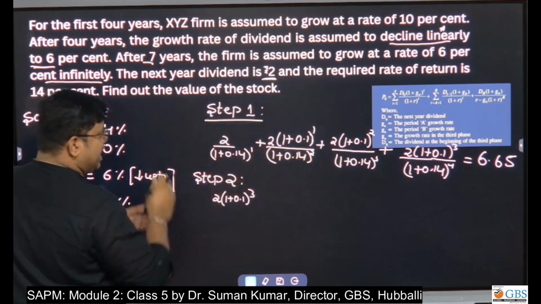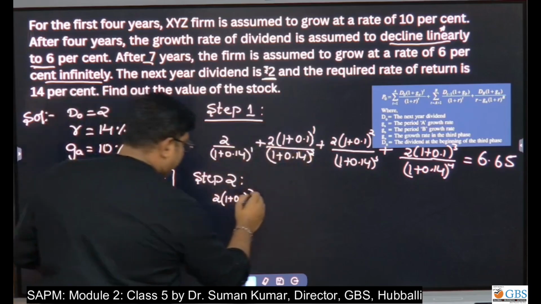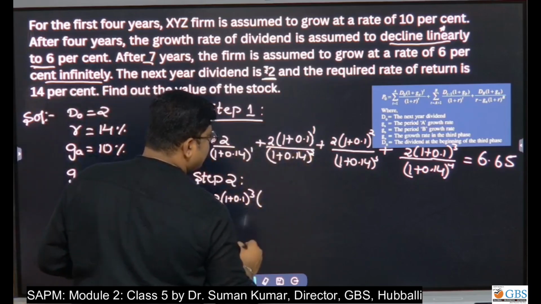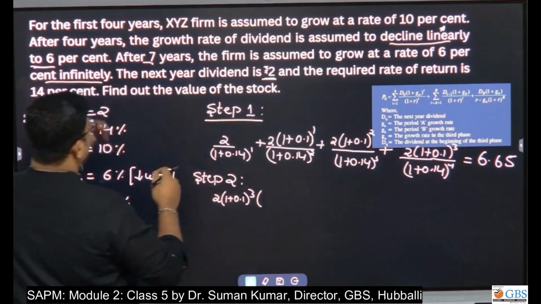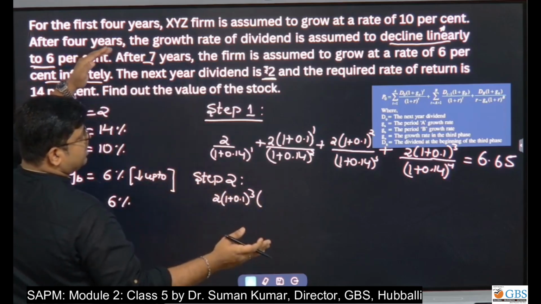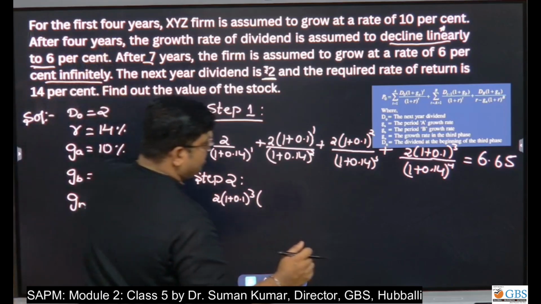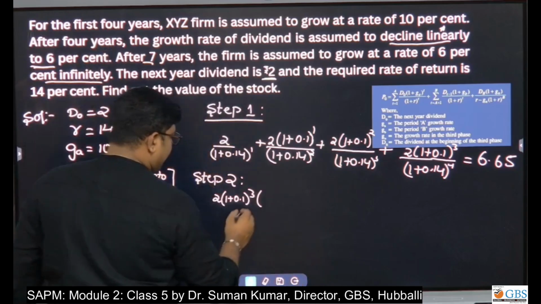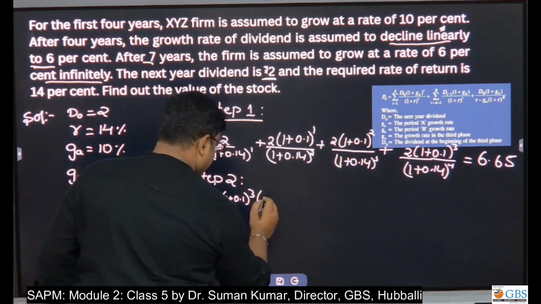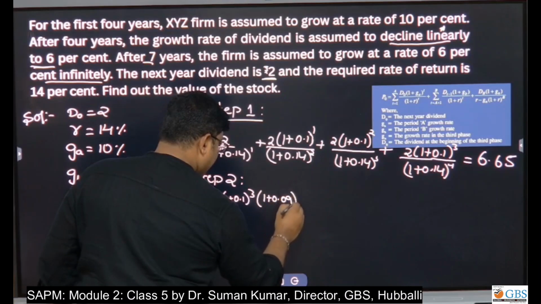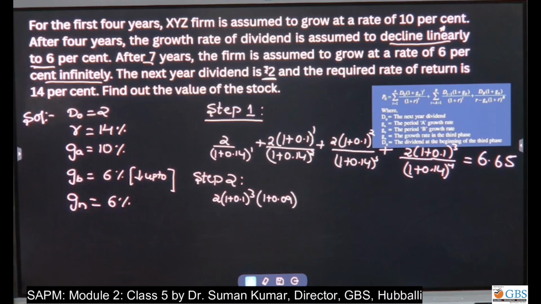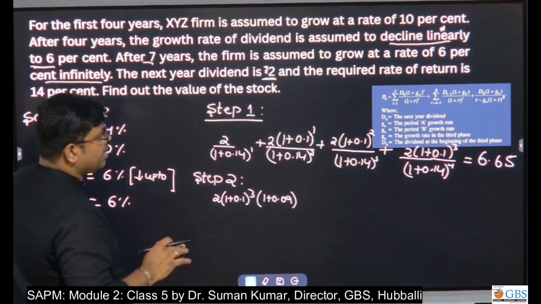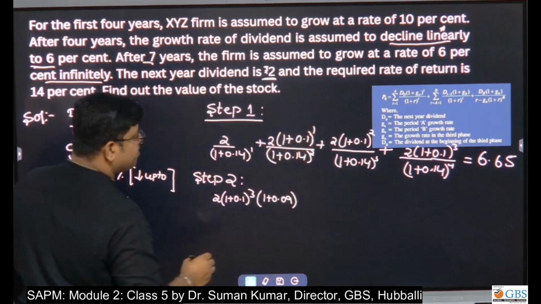The first year linearly means it is 9%, because from 10% the next is 9%. How to write it down? 1 plus 0.09. There is no power.